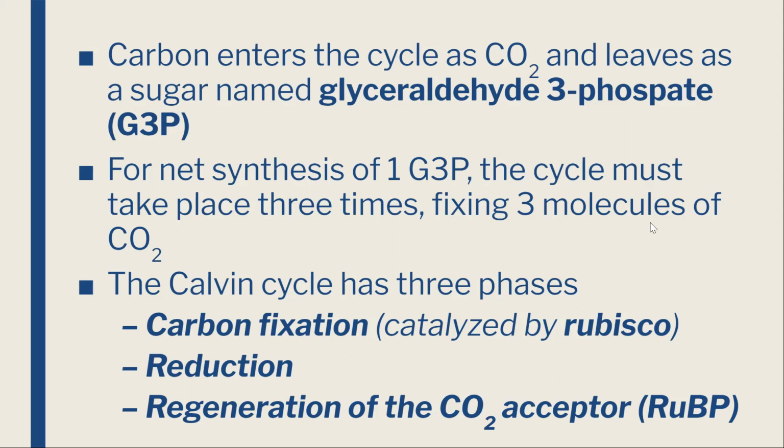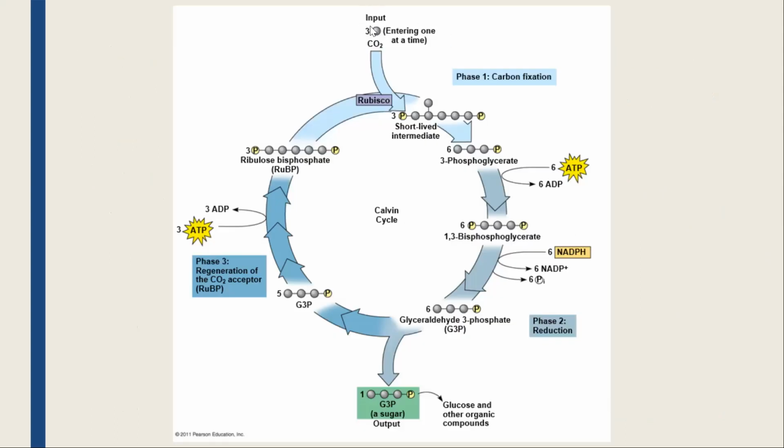Okay, so looking at the Calvin cycle, we've got the input of carbon dioxide. Three molecules of carbon dioxide will come into the carbon fixation phase, and it goes through a series of steps where it uses ATP and NADPH, and then G3P comes out. There are other molecules that will get recycled, and that's going to use ATP in the regeneration phase.